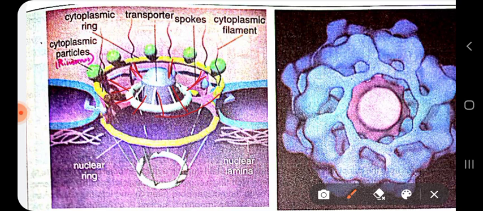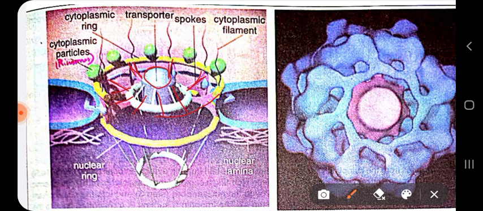It is an aqueous channel through which water soluble molecules shuttle between the nucleus and the cytoplasm. The central plug is able to bind and prevent the movement of molecules, so it selectively allows movement of molecules across the nucleus, right?